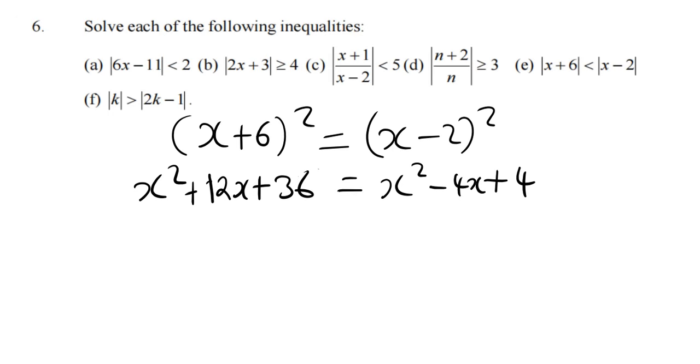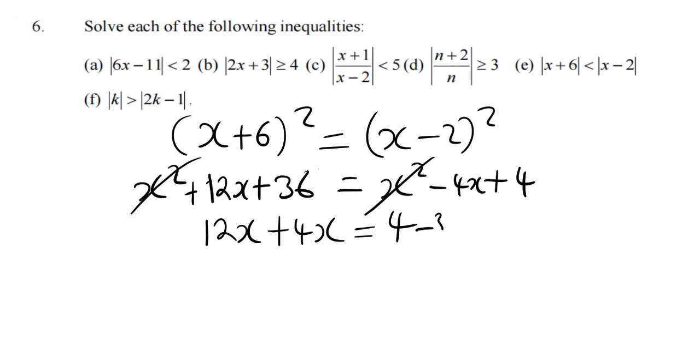Then you solve these two scenarios, you put your like terms together. Now the x squared terms are going to cancel, because if I take the x squared to the other side, they're just going to give us zeros. So in this case, I'm going to have 12x. I bring the negative 4x to the other side, I'm going to have plus 4x. This is equal to 4 will remain. The 36, when I take it to the other side, I'm going to have a negative 36. 12x plus 4x, that is a 16x.